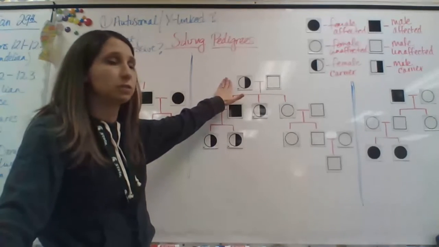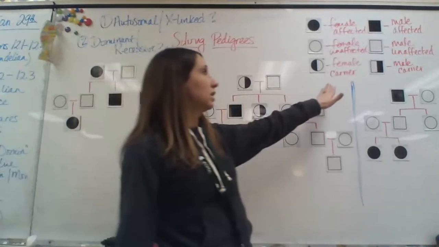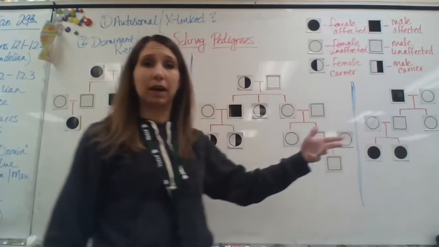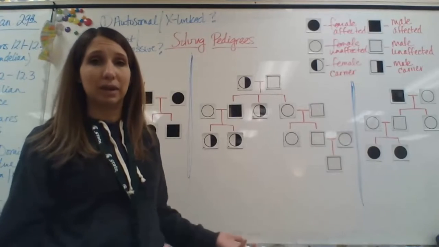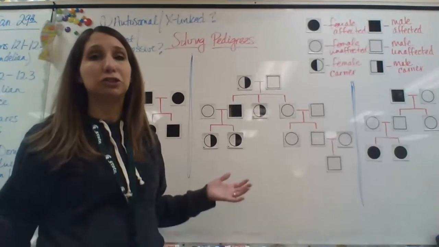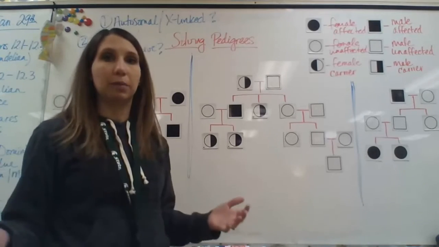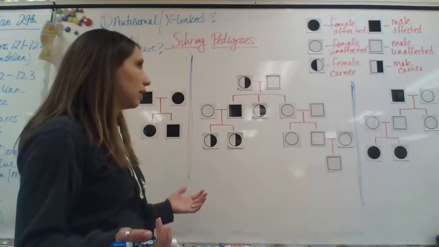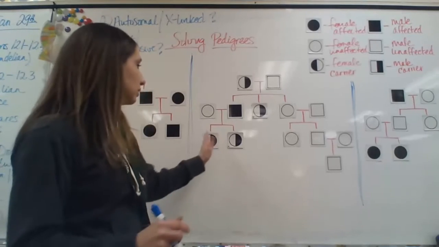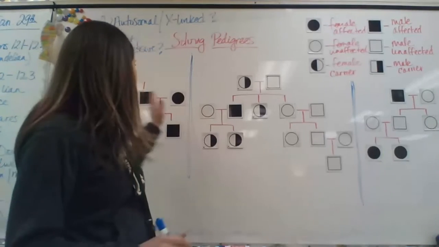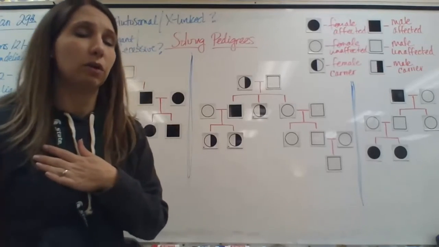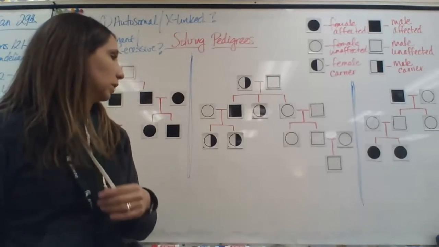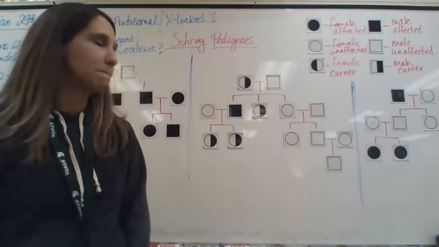The reason for that is we're basically saying with a carrier that they have the trait, but they don't show it, right? And we know that we don't have the ability to do that if we're talking about a dominant allele. Dominant alleles always show, even if there's only one copy present. So when we think about carriers, as they're shown, these half filled in squares or circles, these are always going to represent this specific scenario where we have a recessive trait, okay?